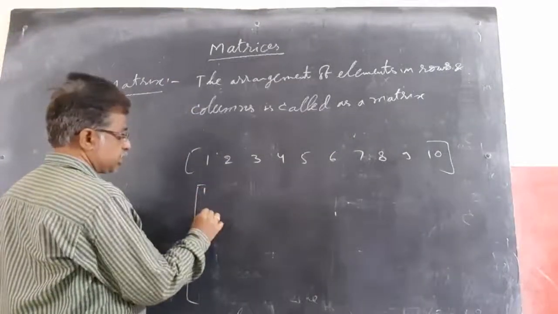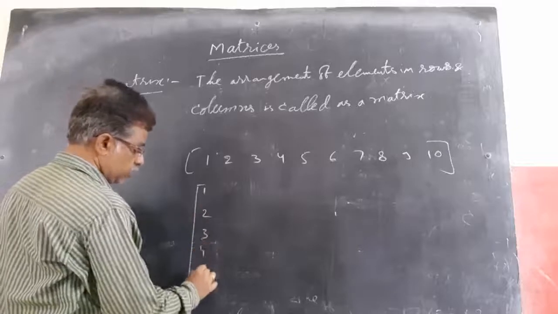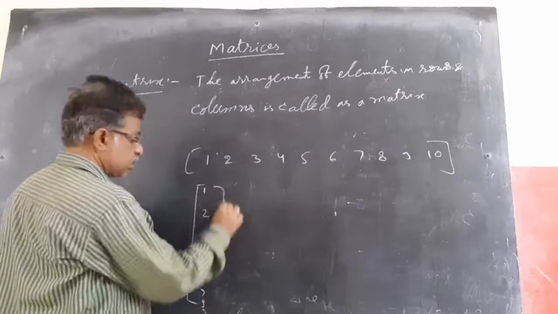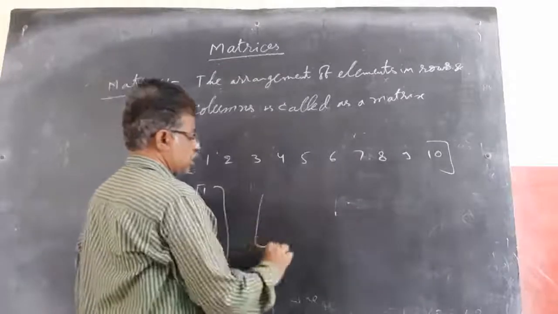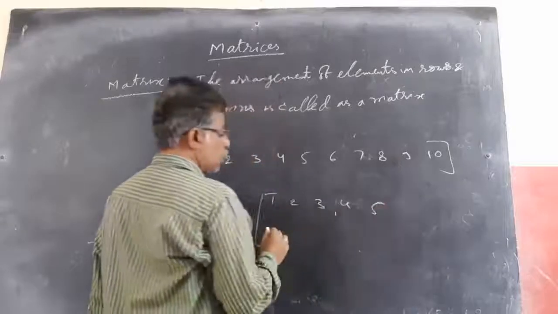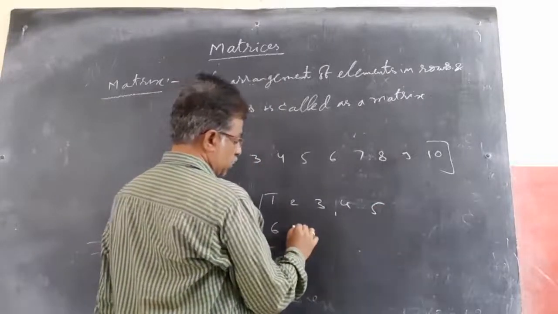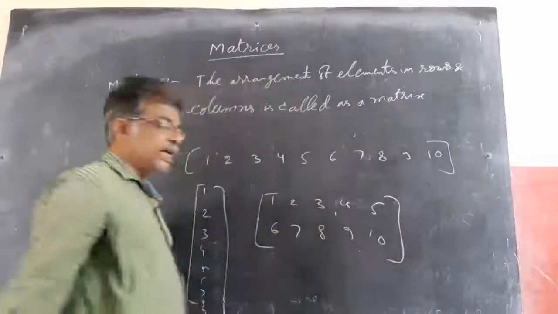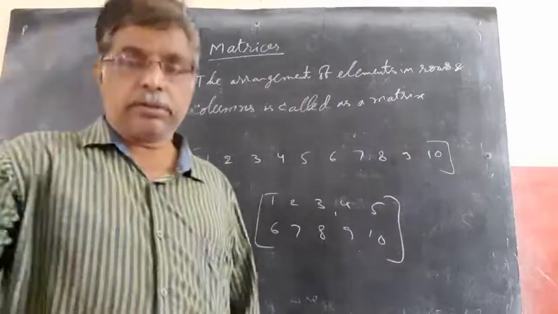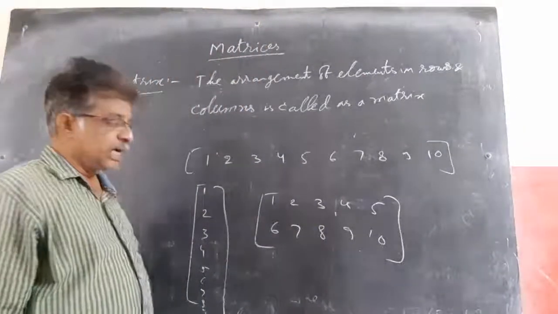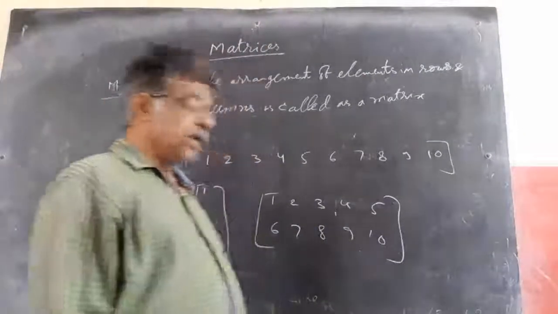Or I can arrange 1, 2, 3, 4, 5 in one row and the other 5, 6, 7, 8, 9, 10 in another row. So I can arrange the elements in rows and columns.